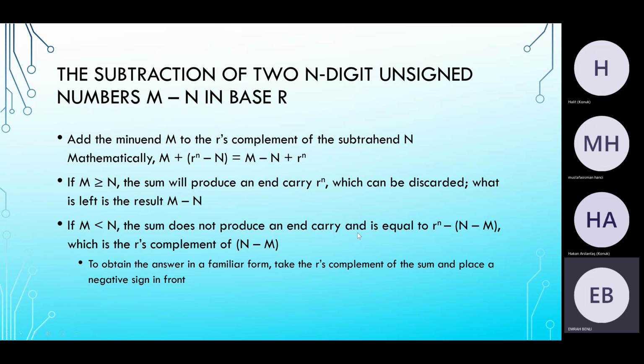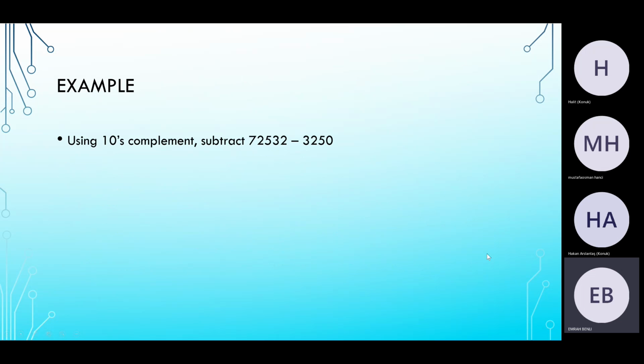That's how we will understand it, and the result will be r to the n minus (N minus M), which is the radix complement of N minus M. So to obtain the answer in a familiar form, take the radix complement of the sum and place a negative sign in front of the number. So that's how we are doing it.